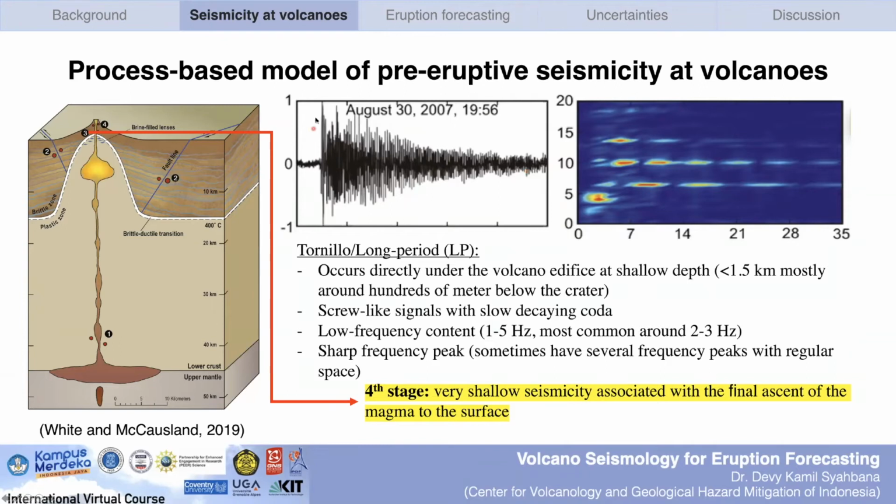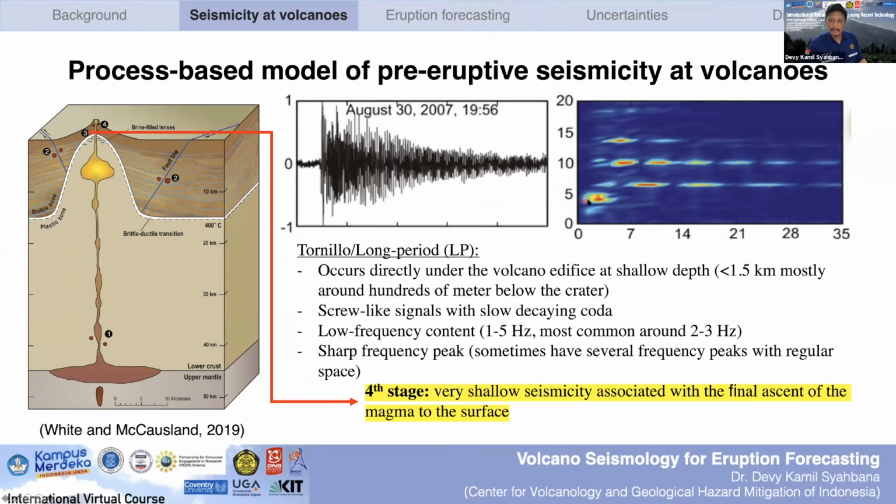You see the waveform is characterized by screw-like signals with slow decaying coda, and low frequency content. The dominant frequency content is below 5, between 1 and 5. But the one unique thing about this event is that it has a sharp frequency peak.